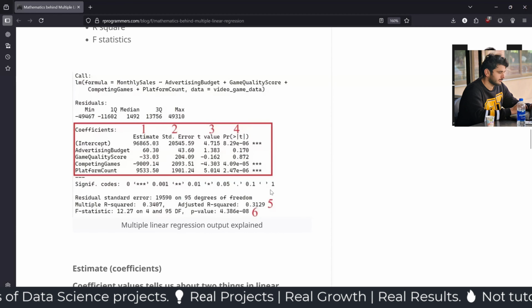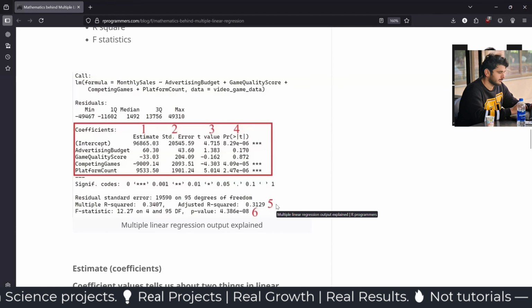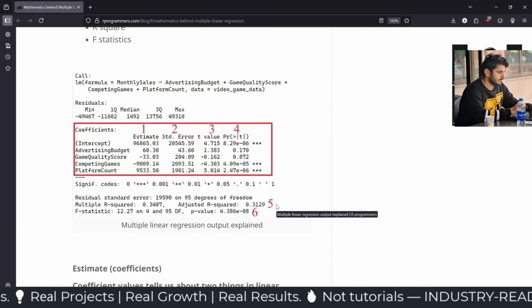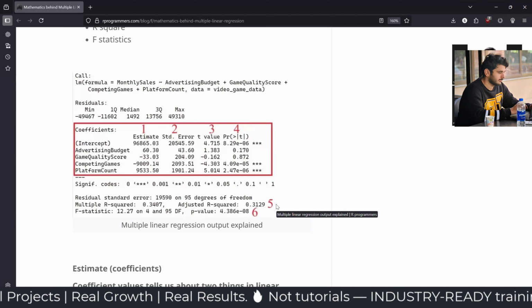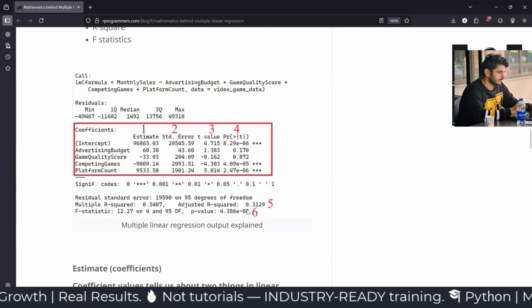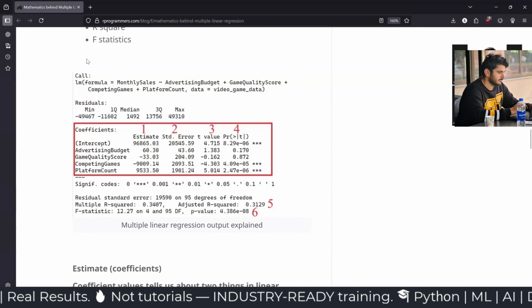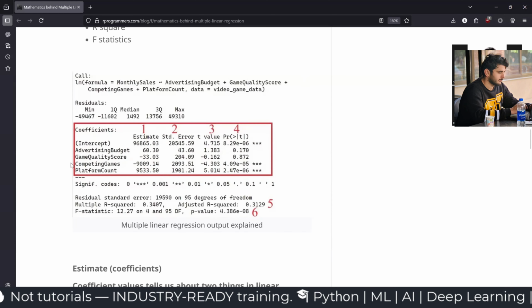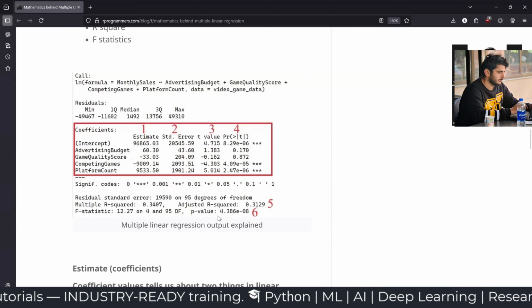There must be something else that affects the sales, and we need to understand what we are missing in our data set. Got it? Now, whenever we generate this particular table, we are going to see something like that. We will have a p-value at the end.